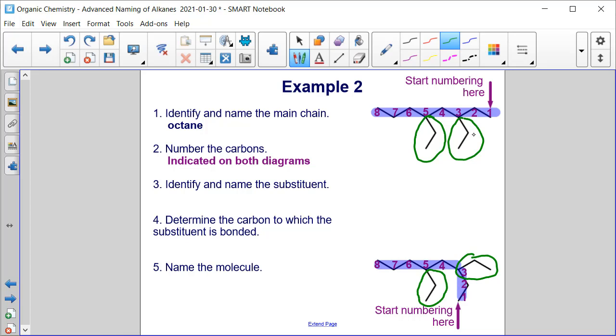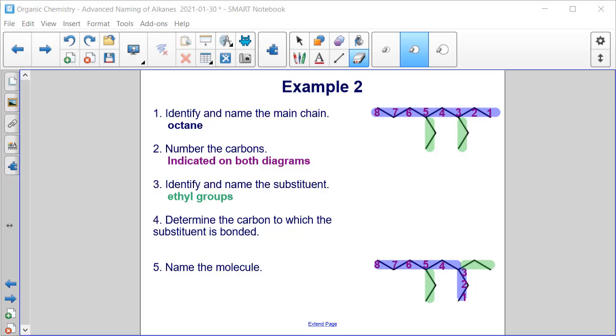And they both have 1, 2 carbons, right? 1 carbon, 2 carbons. And a 2-carbon group is an ethyl group. So both substituents are ethyl groups. Same here on this one, right? There's 2 carbons there. So same groups.